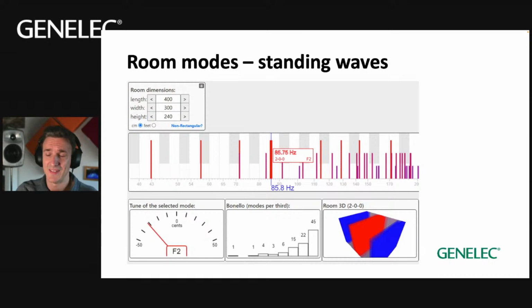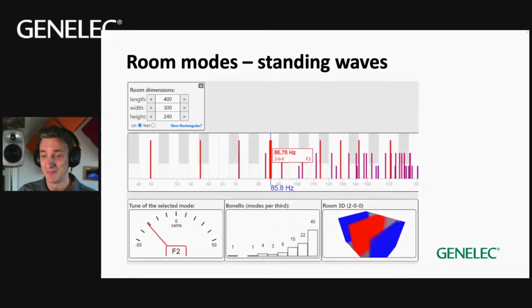And if you look at the other mode, which is just twice the frequency of the 43, you will see that we now have maximums at both walls, but also a maximum in the middle of the room. So, for example, just looking at this 40 and 80 hertz thing, we would have full 80 hertz in the middle of the room and no 40 hertz at all in the middle of the room as well.